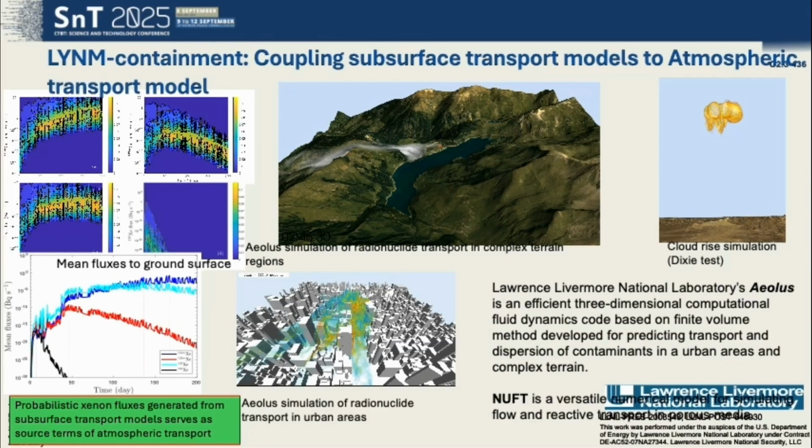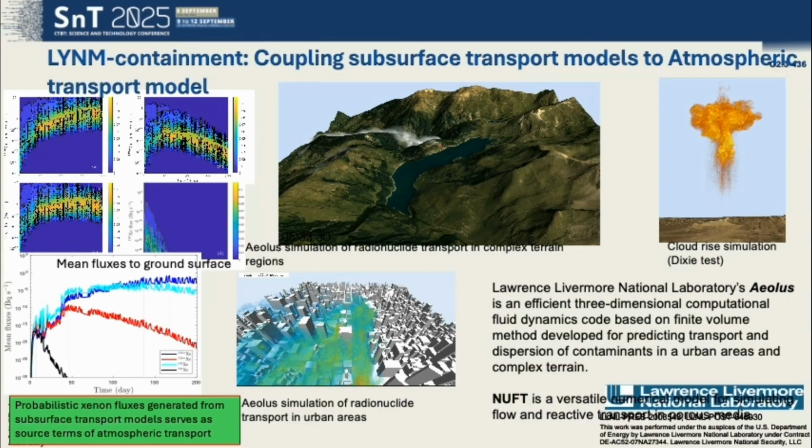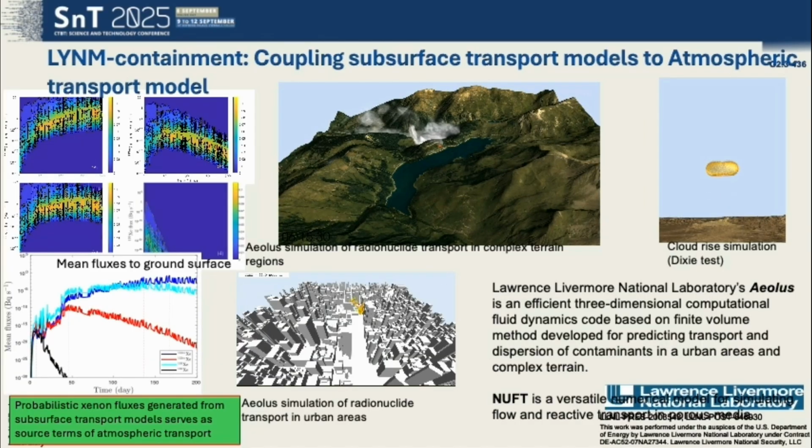And NUFT is the versatile subsurface transport model, which can give us probabilistic xenon fluxes. Here you can see some of the figures over time, how the subsurface model produces the data, and how the concentration increases and decreases during the period of days.